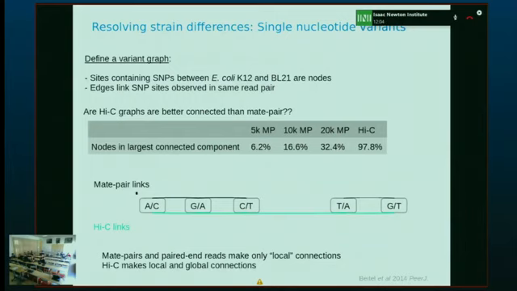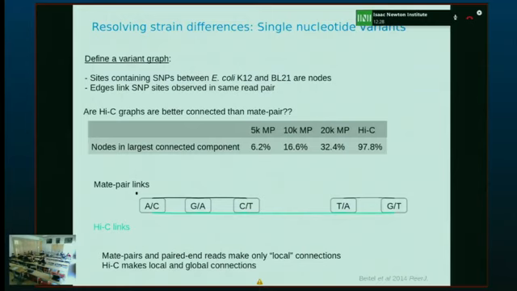And then I just asked a really simple question about the connectivity of that graph. What is the size of the largest connected component in that graph when you link up the nodes using these Hi-C and 3C read pairs? And it turns out that with Hi-C, you get nearly the complete set of nodes in a single connected component, which is fantastic because that might give you information to resolve the genotypes.